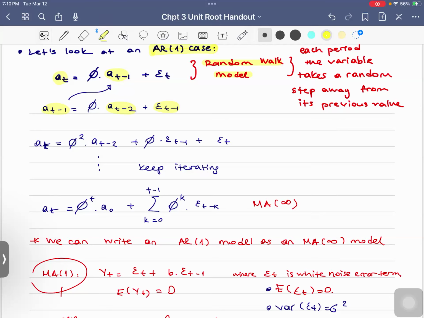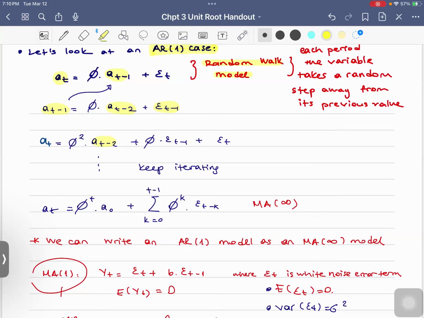Now, if you keep plugging this A_{t-1} term into the equation above, you get this functional form. Sorry, I actually want to rewrite that a second: A_t is equal to phi to the power 2 times A_{t-2}, right? Because once you plug this in, you get that. And then you get, I called it sigma, but it's actually phi, phi times epsilon_{t-1} plus epsilon_t.